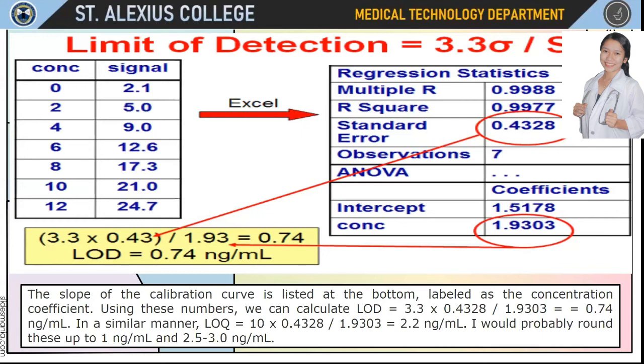Here is where the other LOD and LOQ techniques can be useful. Do the proposed LOD and LOQ appear to be visually reasonable? Does the LOD consistently meet the S/N requirements of 3 to 1 or 2 to 1? Does the LOQ consistently meet an S/N of 10 to 1 and have acceptable precision, for example, 15%?